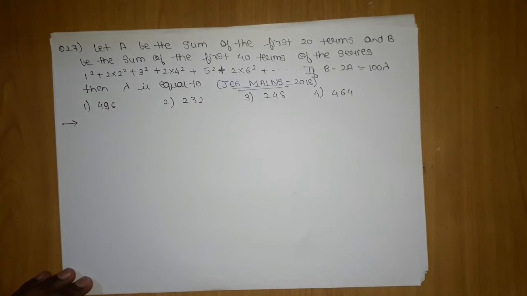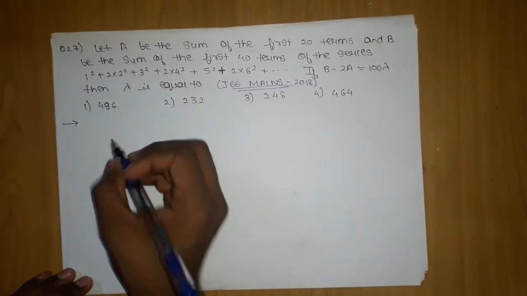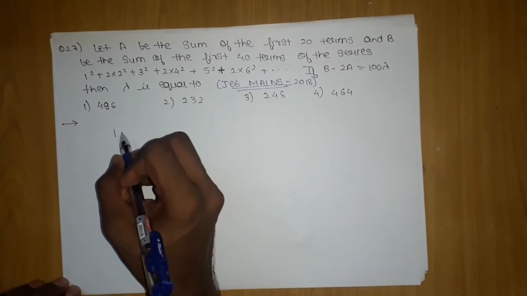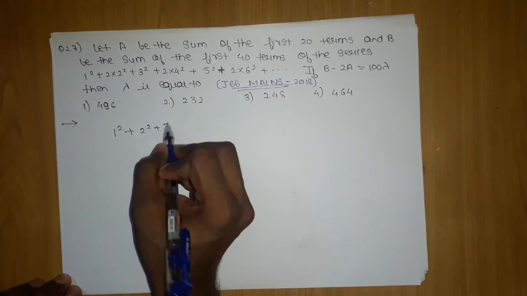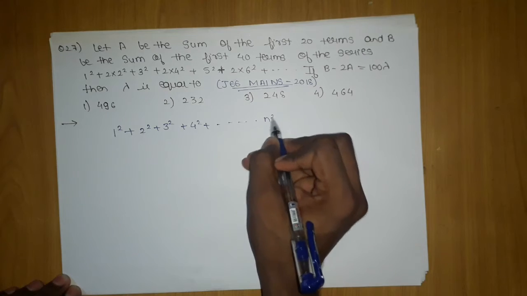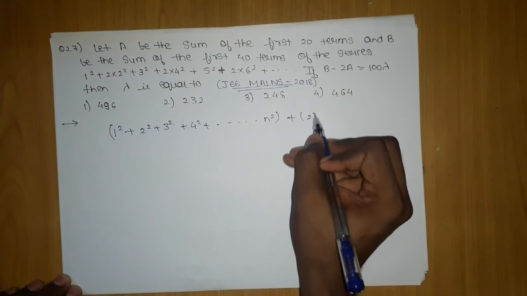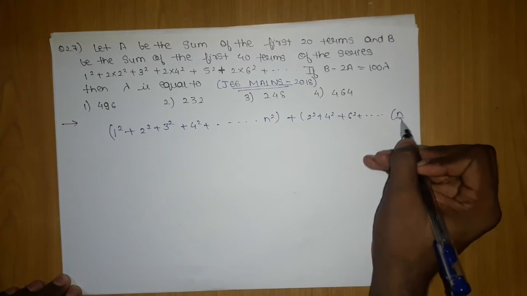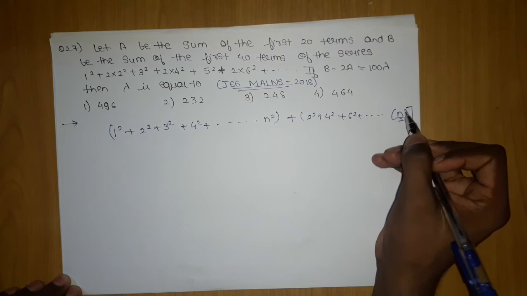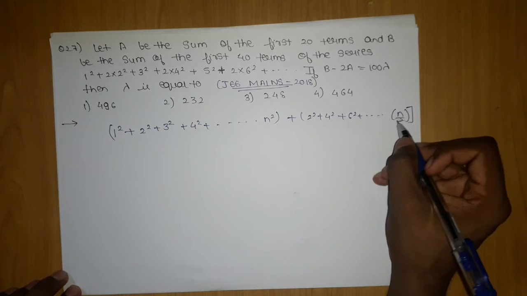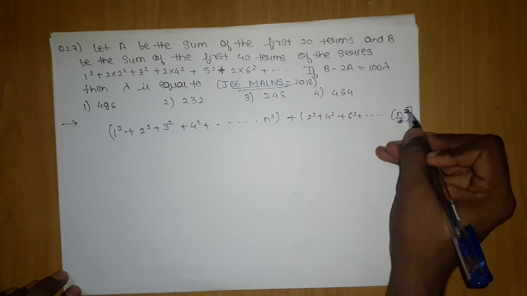Here you can observe that the even position terms, 2 square, 4 square, are repeated twice. So what I can do is keep them separately. Then I will be left with one series till n square, and one other series of 2 square, 4 square and so on.